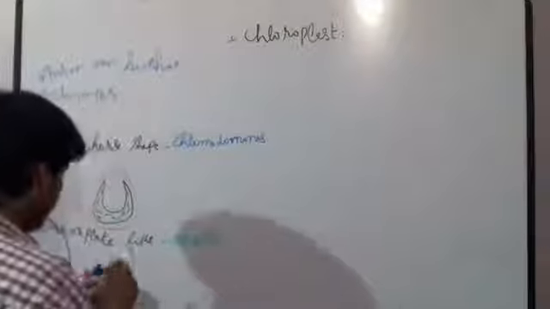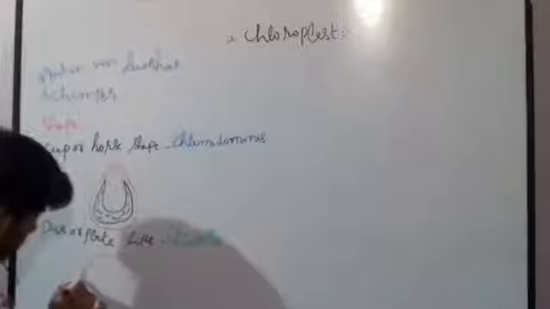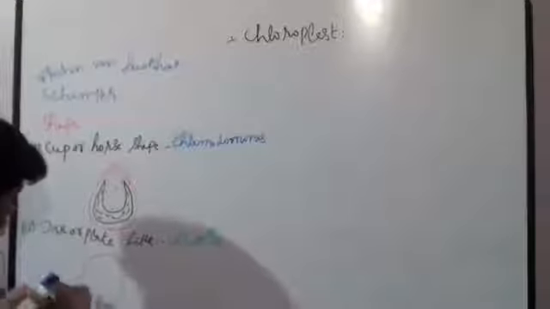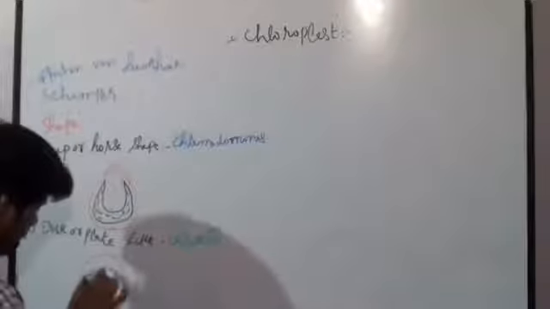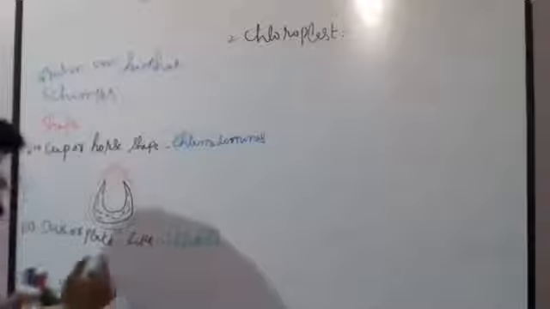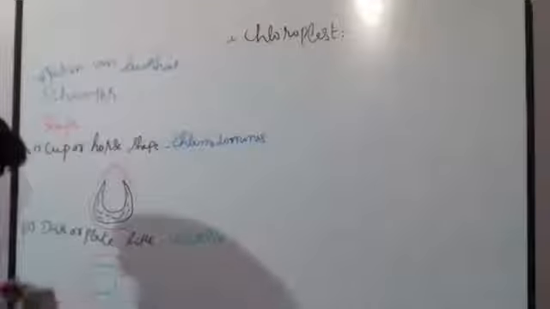So how exactly will it look? Let's suppose this is the cell of the Chlorella, so the chloroplast will look like this form, in a plate form. Okay, so now this is another chloroplast.